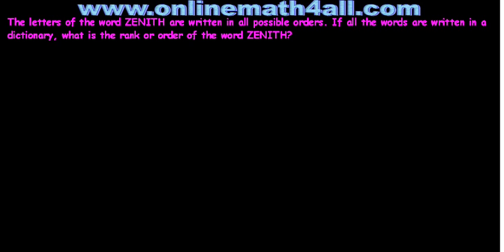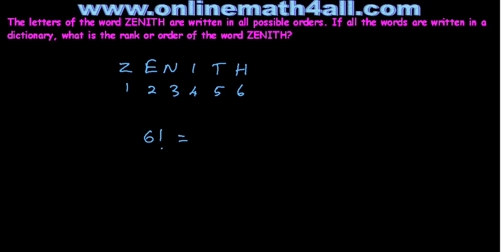How many new words can be formed with the 6 letters of the word zenith? Let me write Z E N I T H: 1, 2, 3, 4, 5, 6. So there are 6 letters in the word zenith. If I form new words with these 6 letters, it can be done in 6 factorial ways.